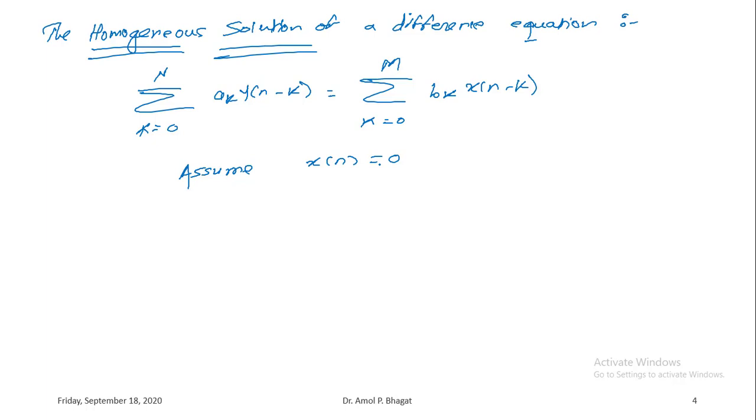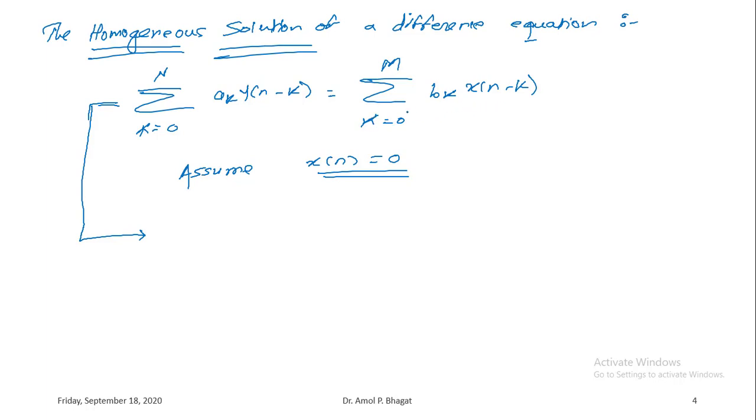So when we substitute this x of n in the given difference equation, we get the equation in this form, because we are substituting input x of n is equals to 0, so all the terms on the right hand side will be 0.